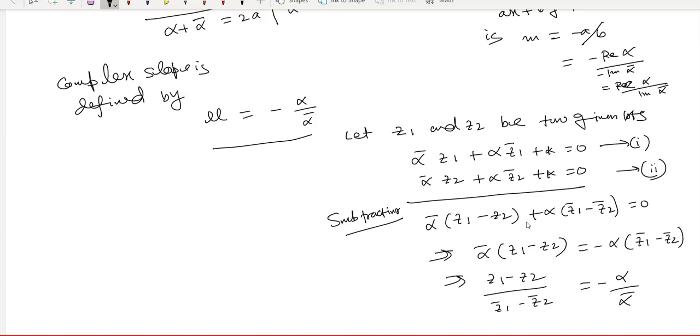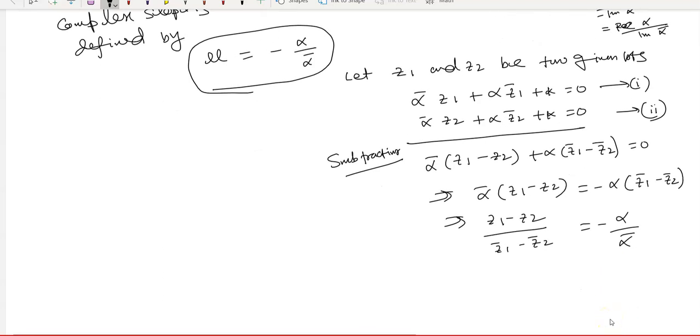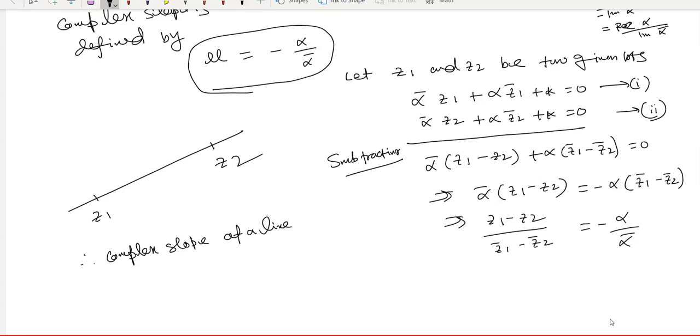But minus alpha by alpha bar we have taken as mu. Therefore, the complex slope of the line segment joining two points Z1 and Z2 is given by mu equal to minus alpha by alpha bar.